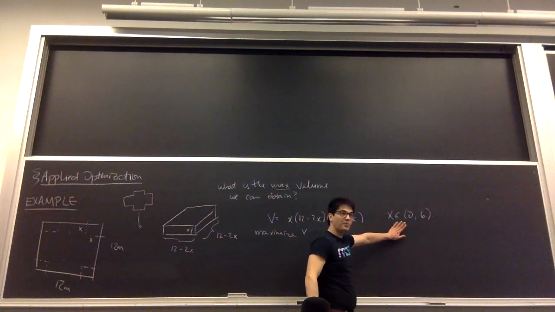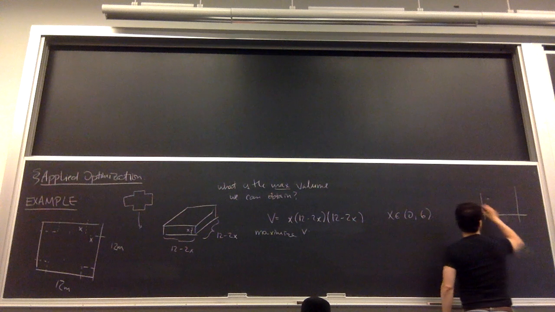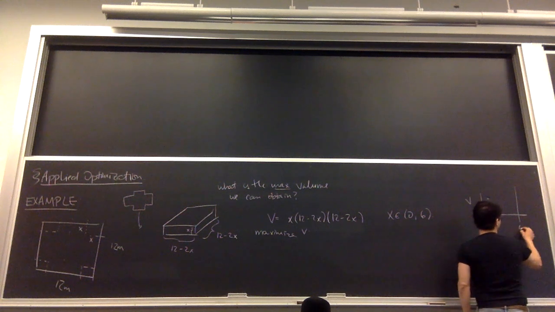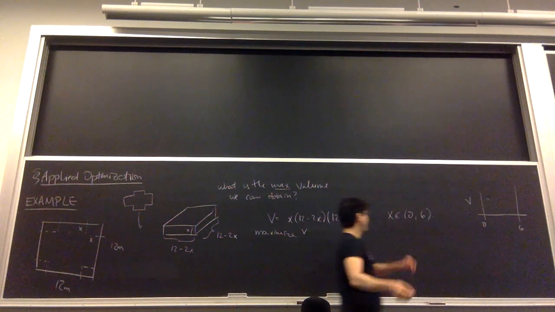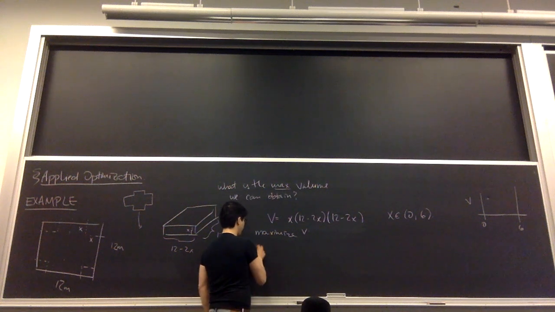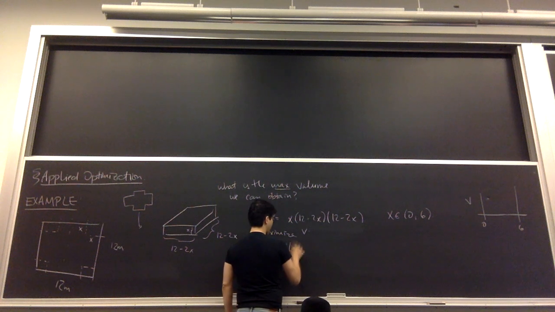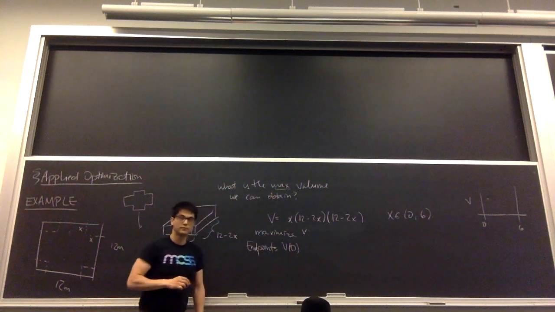Okay? So these are going to be our endpoints of the problem. We're going to want to draw, or at least understand, what v looks like between 0 and 6, and then see where it attains its largest value. So what is v? Let's do the endpoints. What is v at 0? 0.